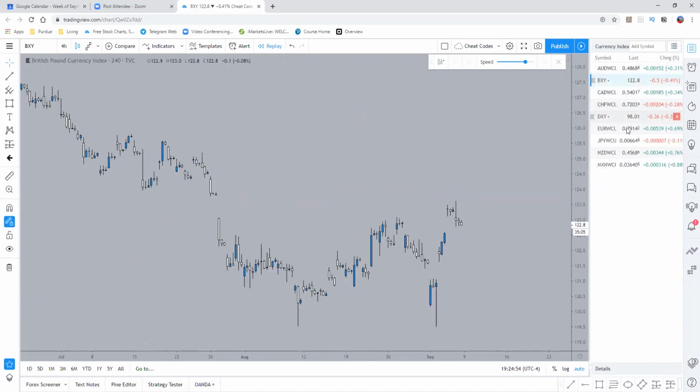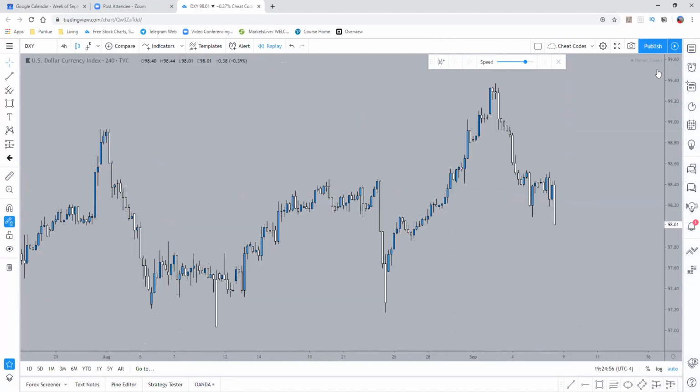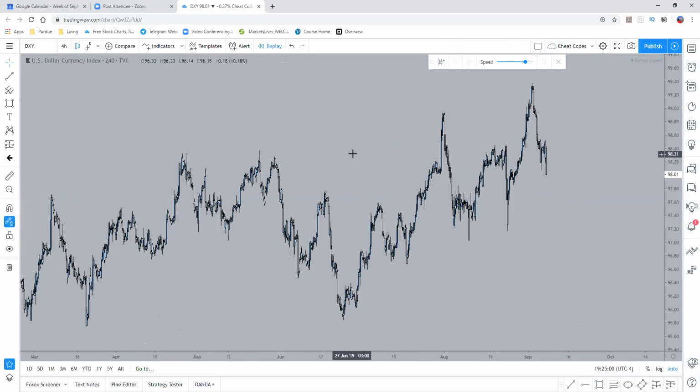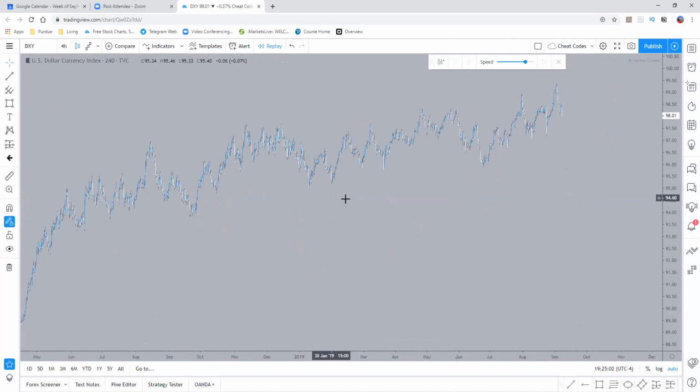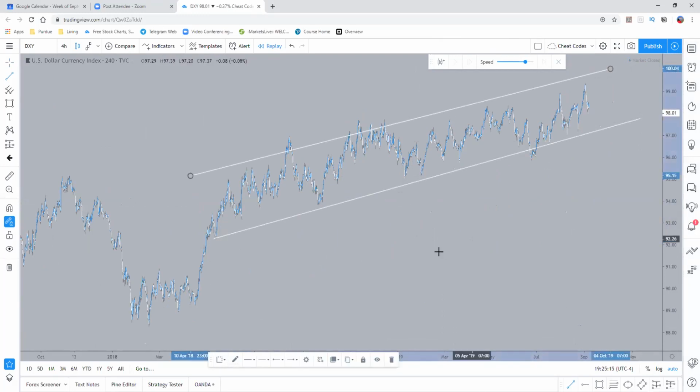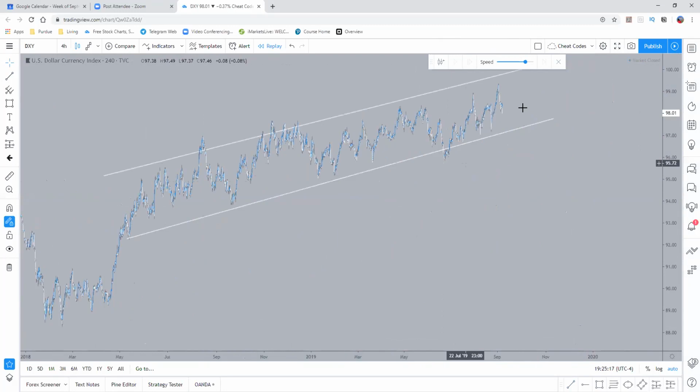Let me hide this. Okay, the DXY is just like a chart like anything else. And you can figure out which direction it's going by marking up simply like anything else. And there's a huge ascending channel here.